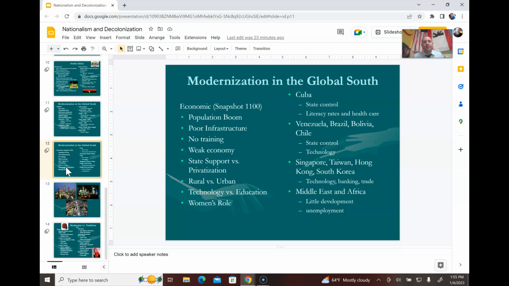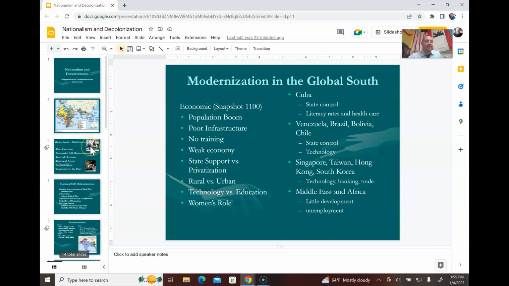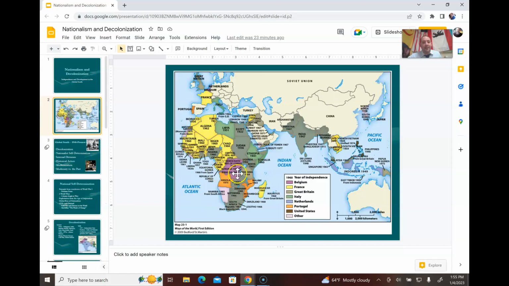In other parts of the world, in other parts of Africa in particular, you have a place like the Congo, which had been exploited by the Dutch for hundreds of years, by the Belgians for 100 years.